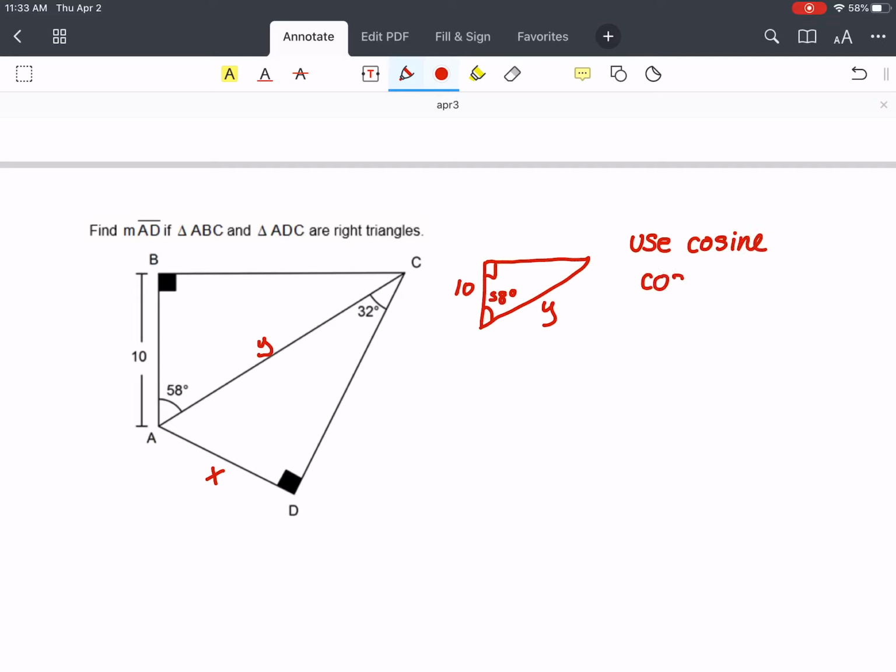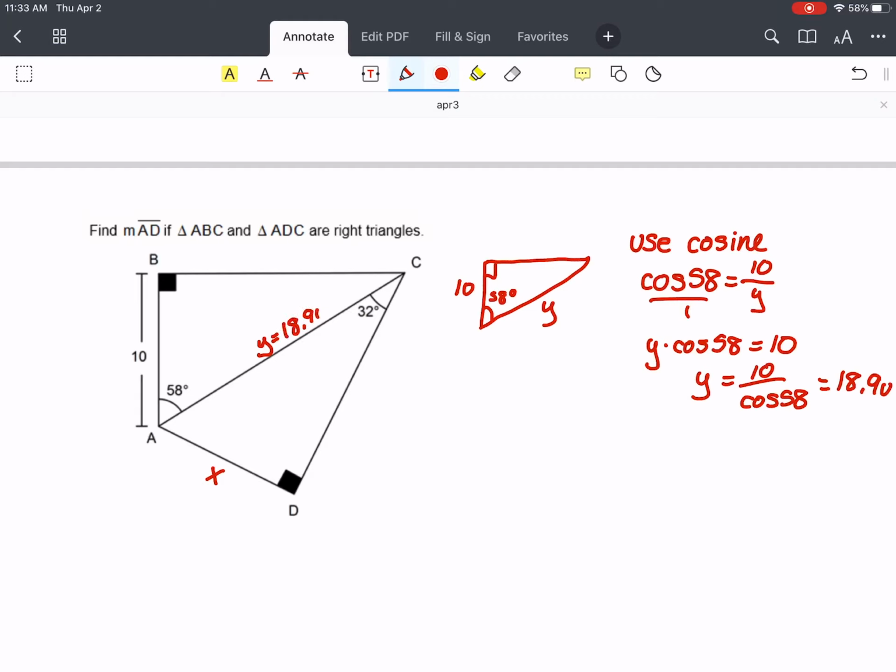So cosine of 58 degrees is equal to the adjacent side, which is 10, over the hypotenuse, which is Y. We can do our cross multiplication. Y times cos 58 is equal to 10. Y is equal to 10 over cos 58. Plug that in your calculator, you get 18.9 units. So I know that my Y here is going to be 18.9 units.